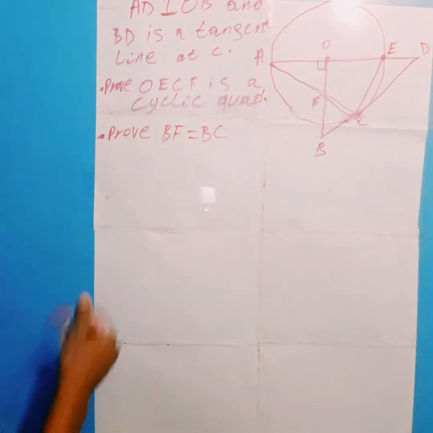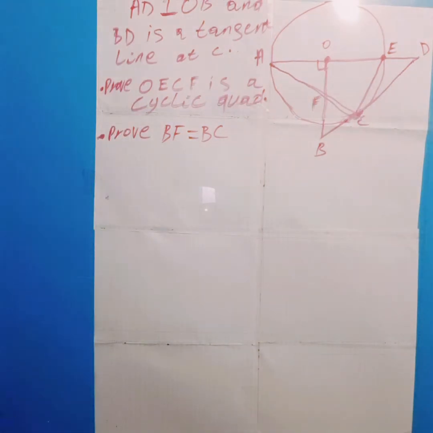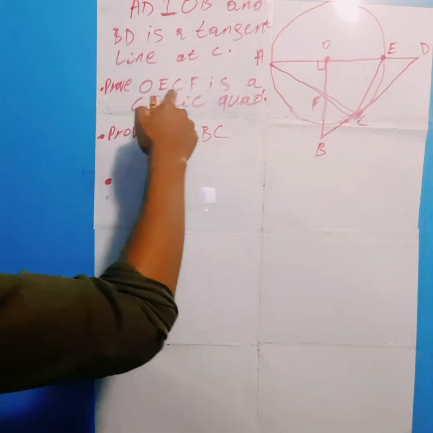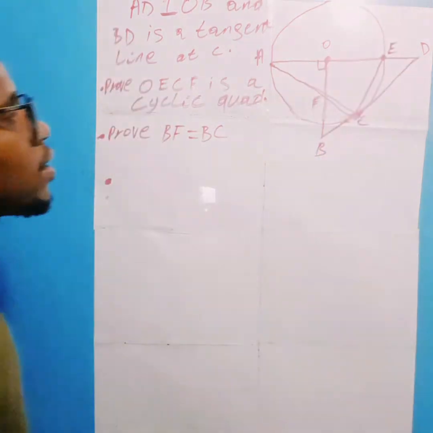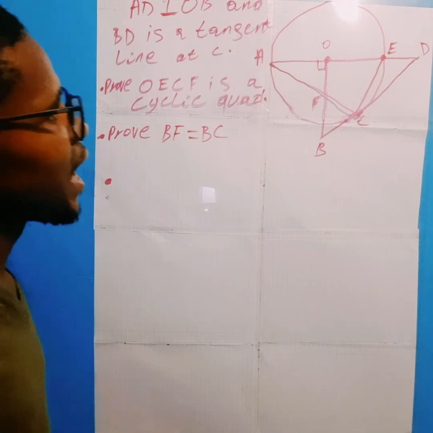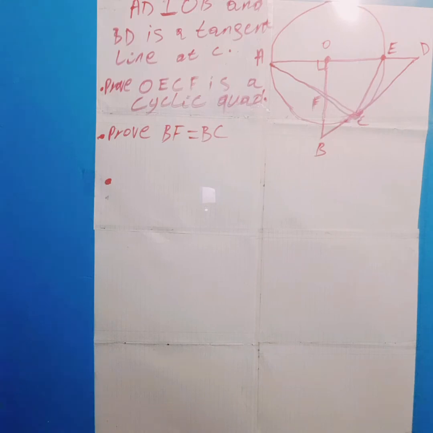Proof. Okay. Let us prove the first one. We need to show that this is a cycle quad. So to show that, you look at your diagram and check which angles you can find there.